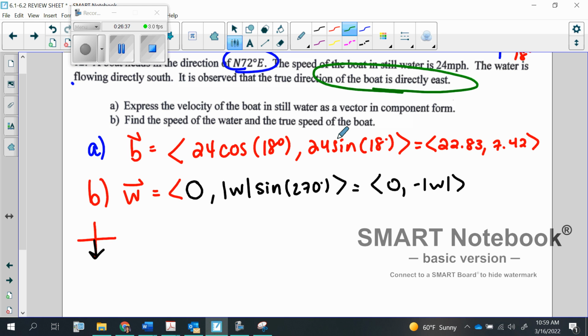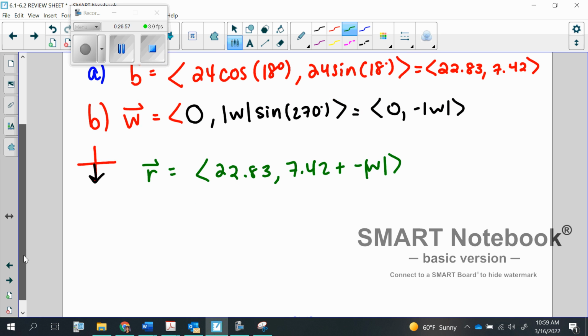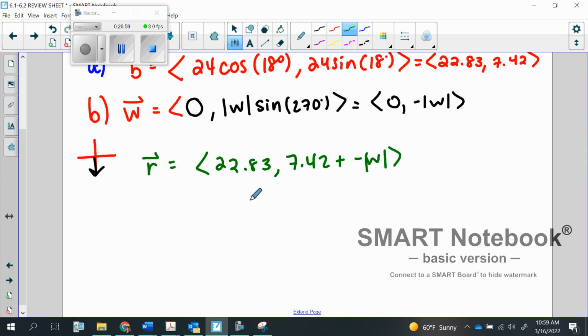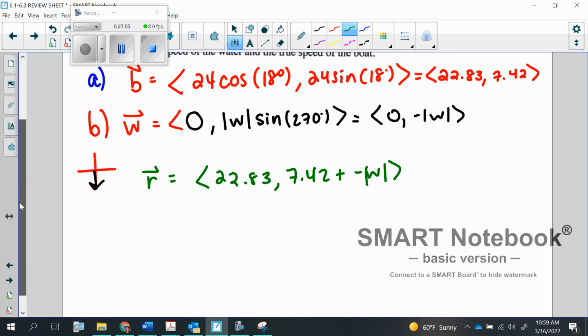So the resultant, if we add these two together, has an x component of just the 22.83 and a y component of 7.42, plus the negative magnitude of whatever it is, which is what we want to find. We want to find the speed.